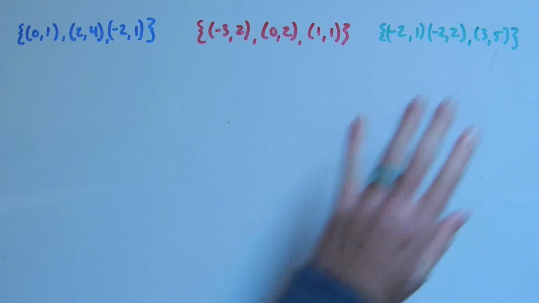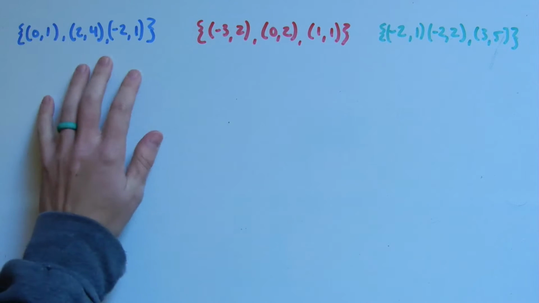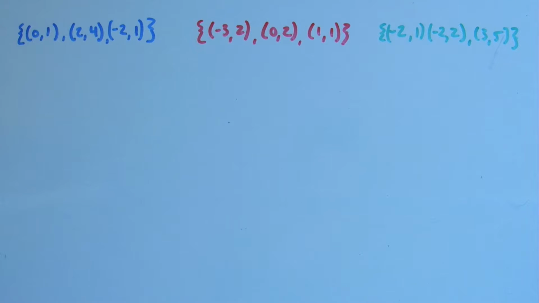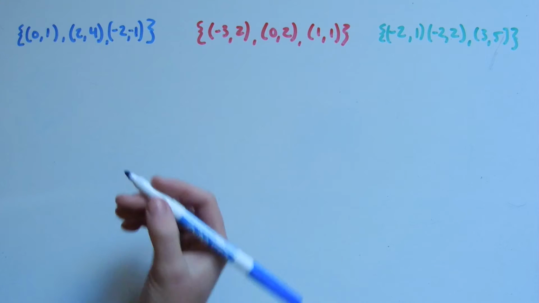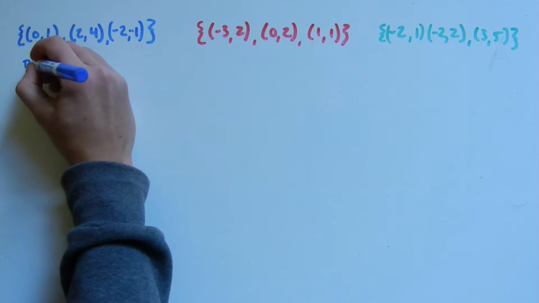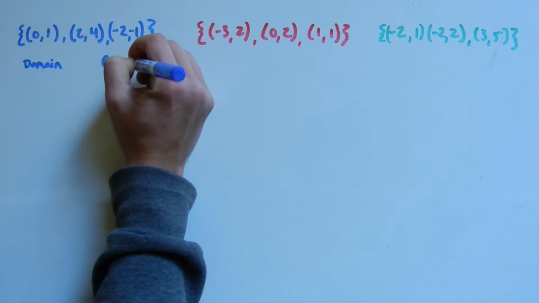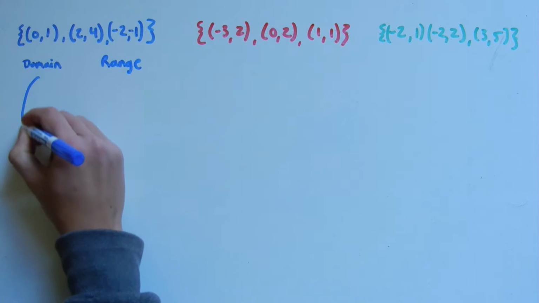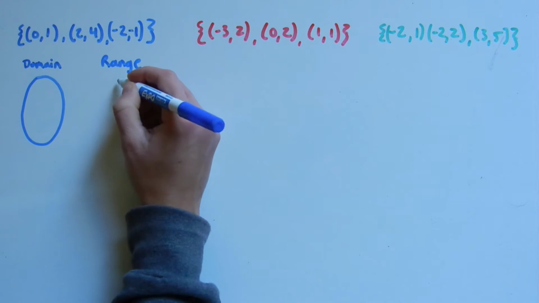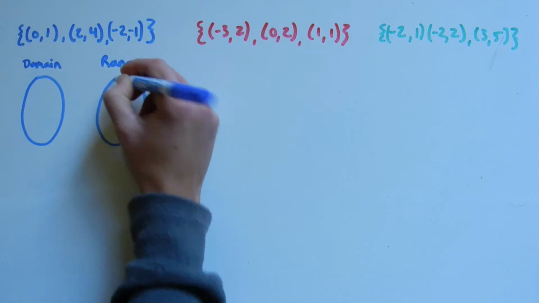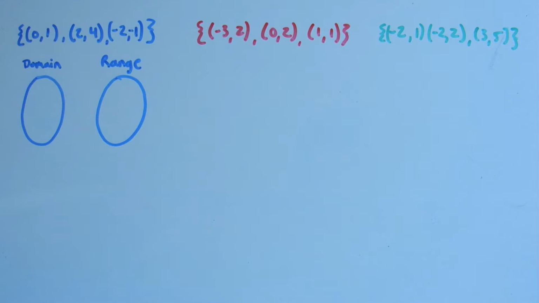All 3 are a collection of ordered pairs, so all 3 are different relations. So let's go over the diagram for mapping. Mapping is a diagram that shows how the domain relates to the range. So we're going to have the domain, and then we're going to have the range. The domain is going to be drawn within a circle, and the range is going to be drawn within a circle.